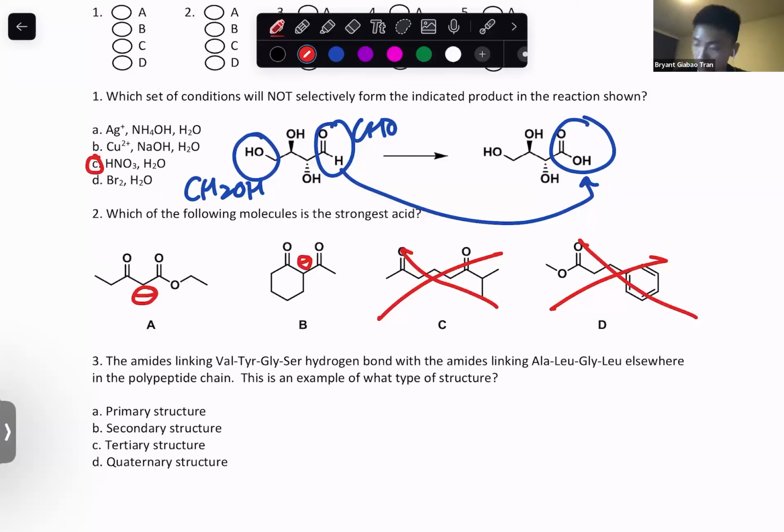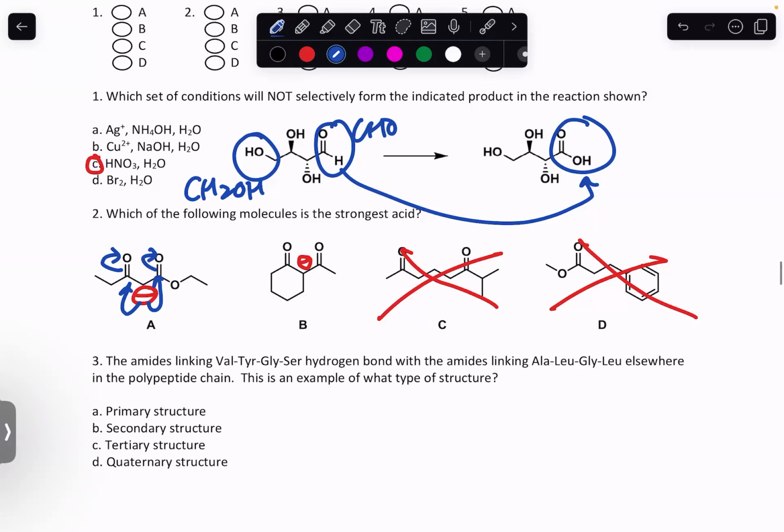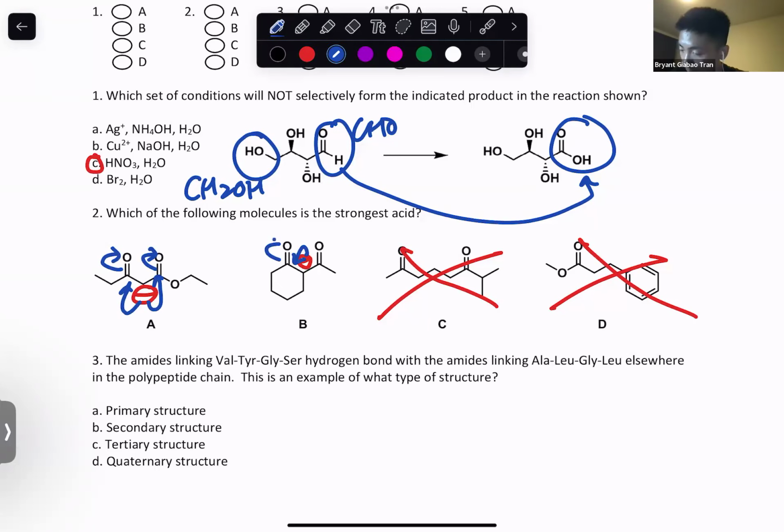Let's look at the conjugate base of A. That conjugate base can do resonance in two areas, with that carbonyl on the left side and this carbonyl on the right side. The one on B can also do resonance on the left side and the right side as well. But notice how on A, there's an OR group there that can also do resonance with this carbonyl here.